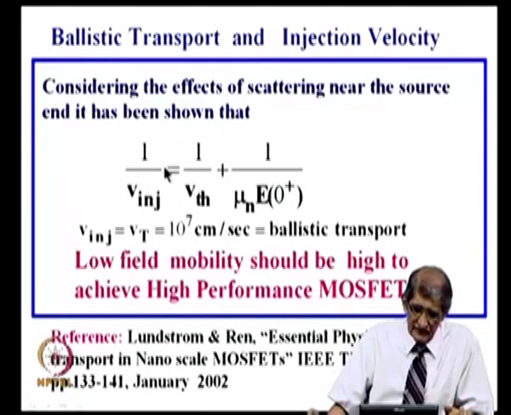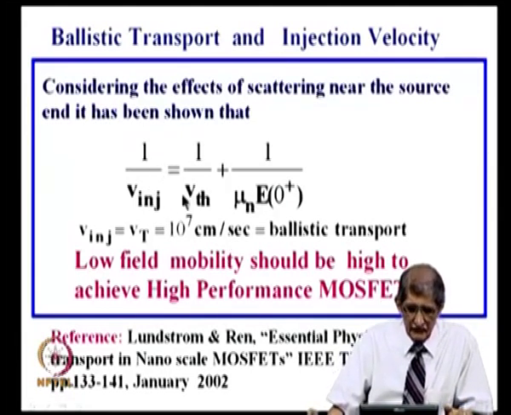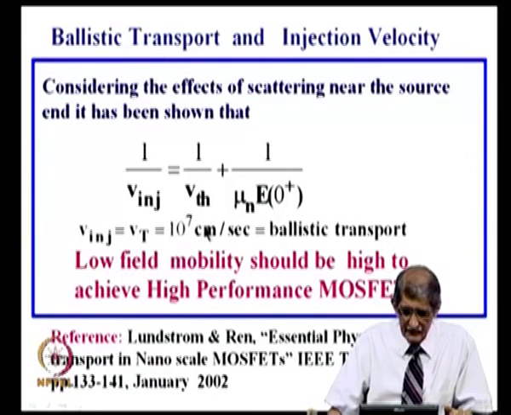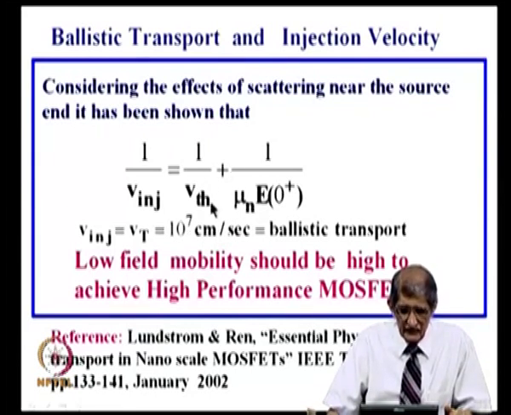So, injection velocity is controlled by these equations, that is thermal velocity, which is 10 to the power 7 centimeter per second. If there is no collision at all after injection, that would have been 10 to the power 7 centimeter per second. But because of the combined effect of the scattering, you get injection velocity less than the thermal velocity.